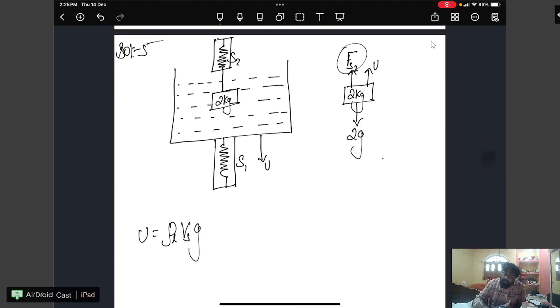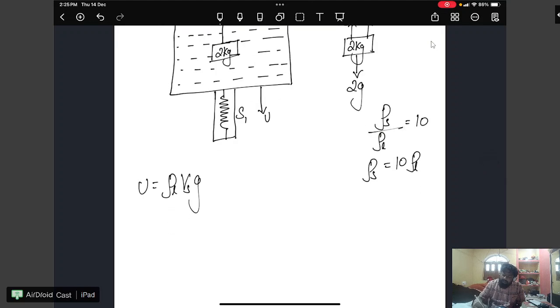Specific gravity means density of solid divided by density of liquid, and it is equal to 10. Means the density of the solid is 10 times the density of the liquid. Till here fine.